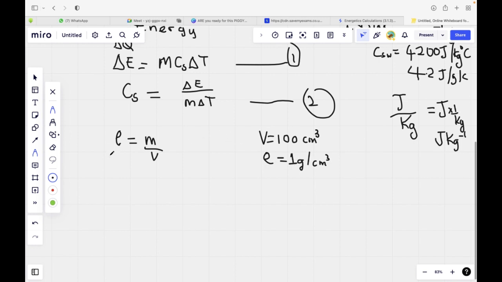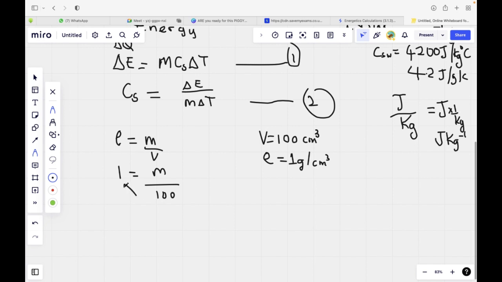If you substitute the density into this equation, we can calculate the mass. The density is 1, is equal to the mass, which we don't know and are looking for, over the volume, which is 100. All we need to do is cross multiply.